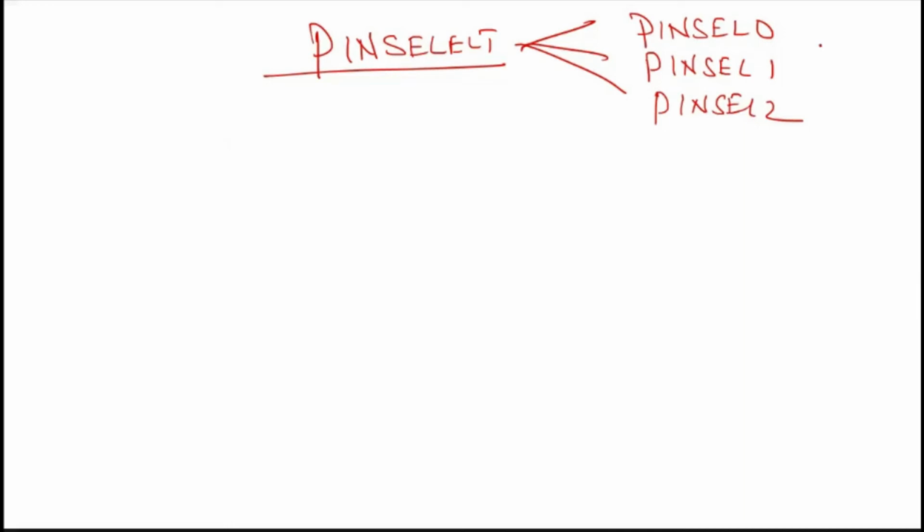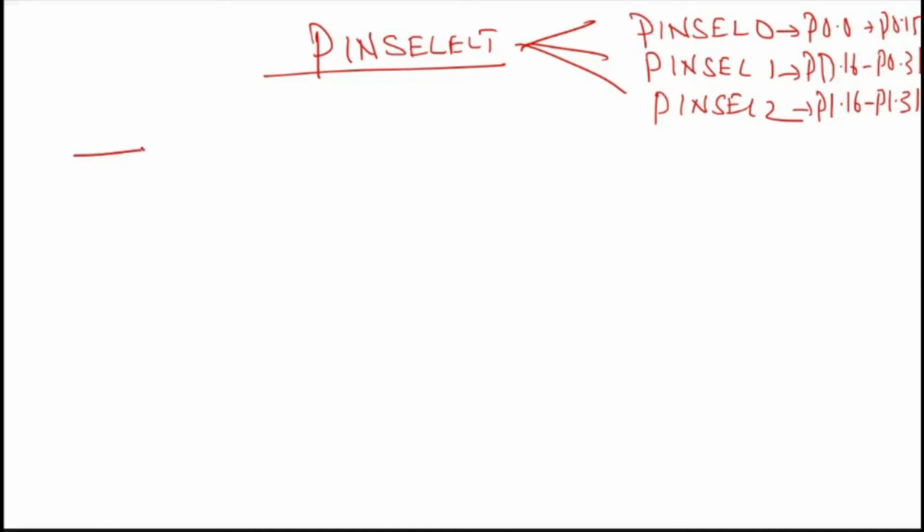Pin select 0 deals with port 0.0 to port 0.15 pins. Pin select 1 deals with port 0.16 to port 0.31. Pin select 2 deals with port 1.16 to port 1.31.